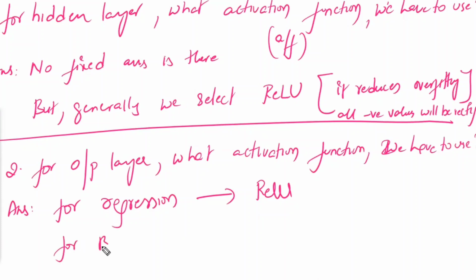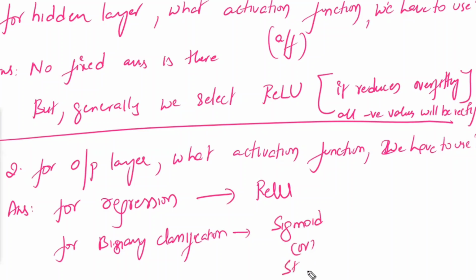For binary classification, go with either sigmoid or step function. 99.9999999% sigmoid. In very rare cases, the step function also gives better answers.